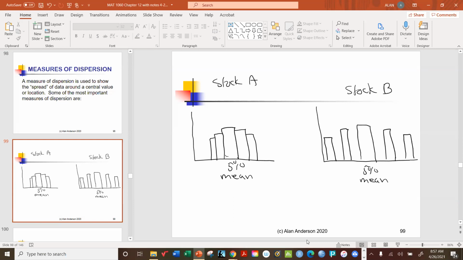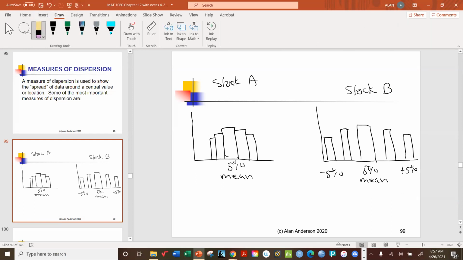Which one has the returns more spread out? Like, let's say, for example, this represents a loss of 5%, and this is a gain of 5%. Or even better yet, just to make it clear, let's make this negative and positive 10. Let's say these are like 3, 4, 5, 6, and 7.